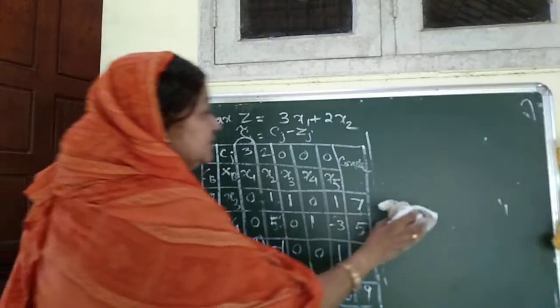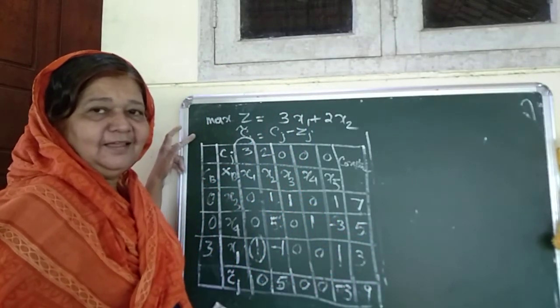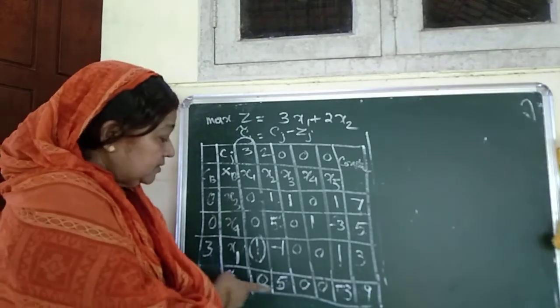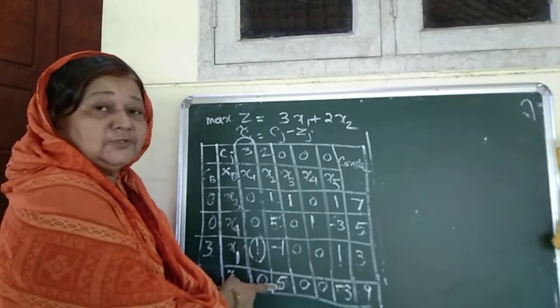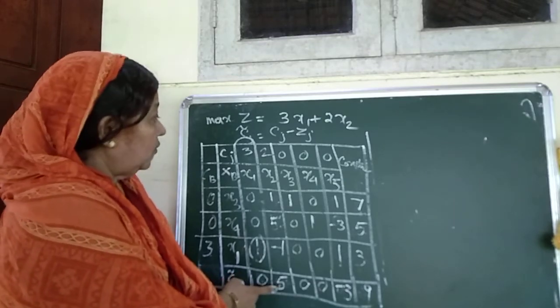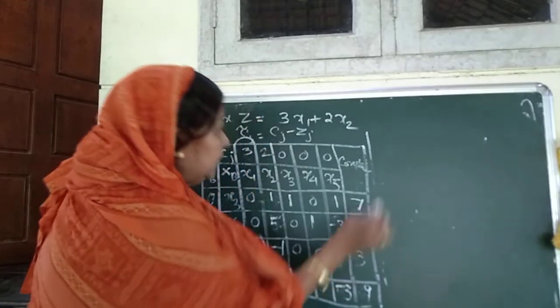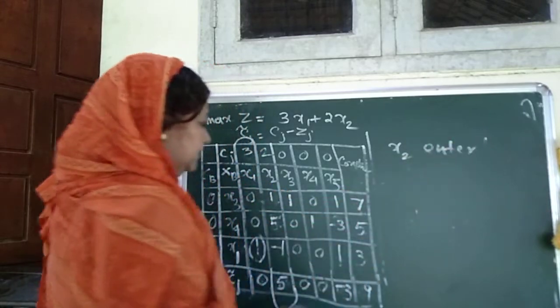Then this is the second table. Then we come on to the third table, because we have to optimize this value also. Here Cj tilde is positive for x2. So this x2 should enter into the basis.